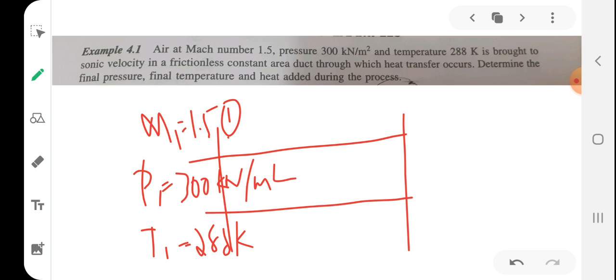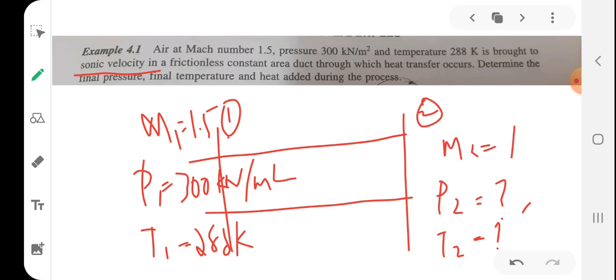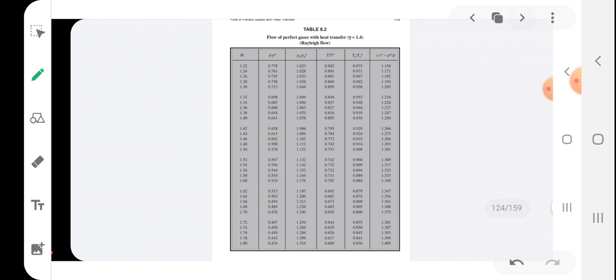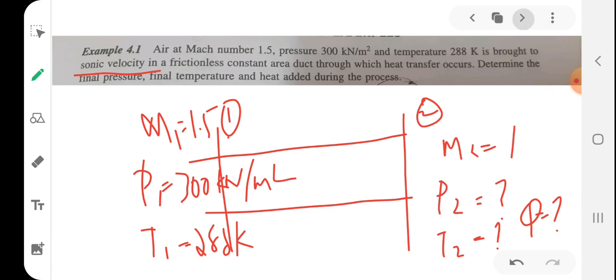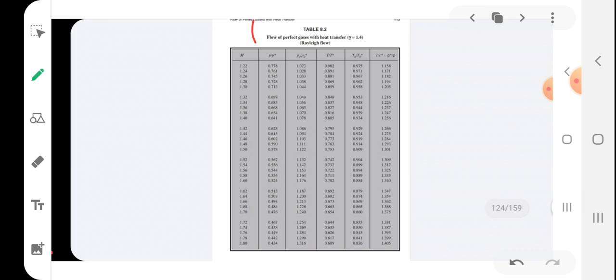And the question says that in the second section M2 is 1 because it is at the sonic velocity, and we have to calculate final pressure P2, T2 and total heat added Q. Okay, so students, we have to take the table for Rayleigh flow with gamma equal to 1.4.